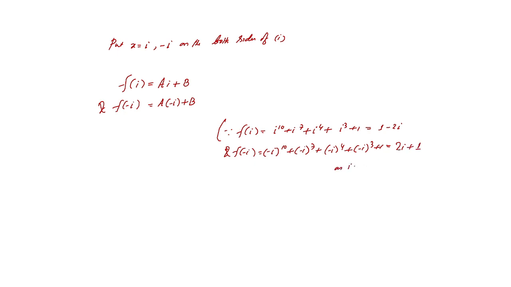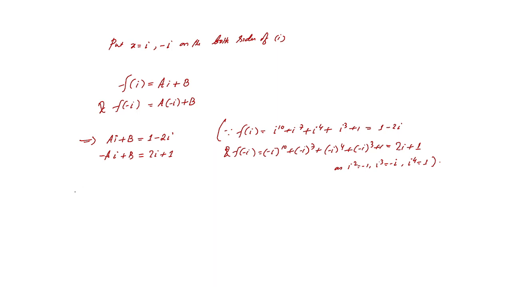How? As i square equals minus 1, i cube equals minus i, and i to the power 4 equals 1. So from this we can write ai plus b equals 1 minus 2i, and minus ai plus b equals 2i plus 1.